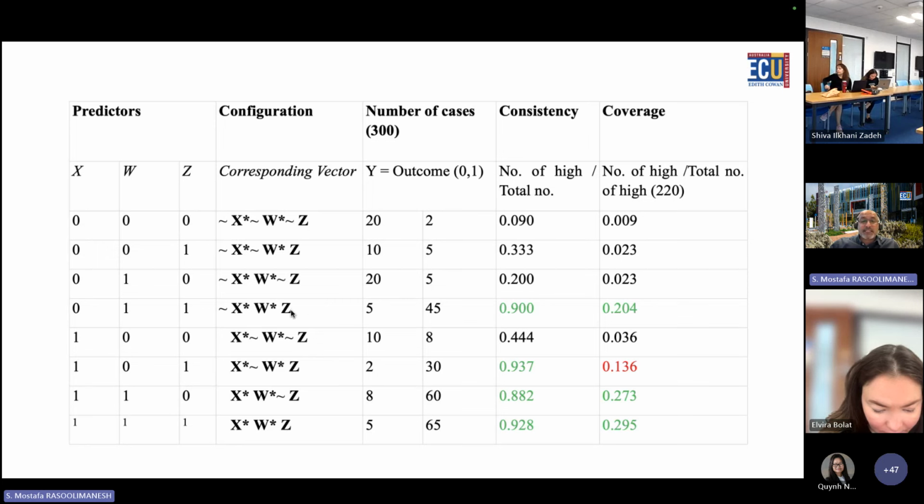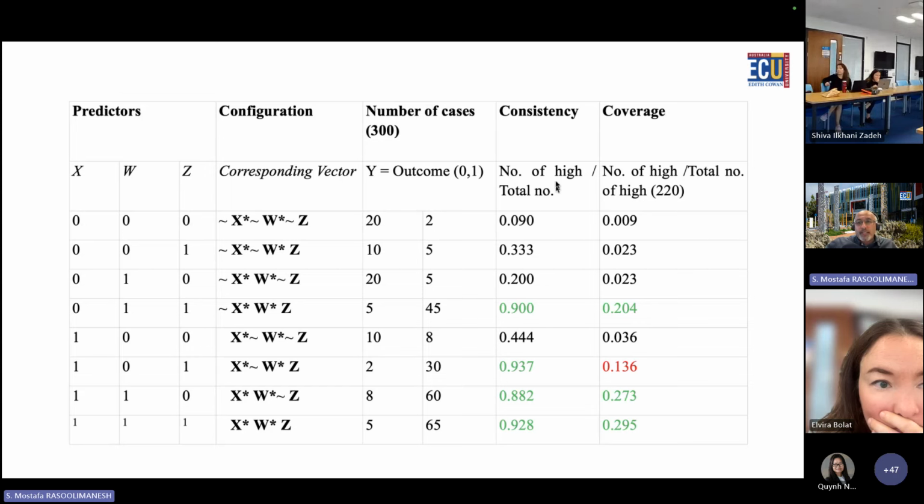Means this combination has been extracted or identified from 50 cases and 50 responses. And out of these 50, 45 of them also answer high level of outcome.